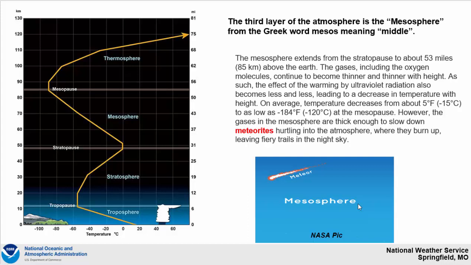On average, the temperature decreases from around 5 degrees Fahrenheit to as low as minus 184 degrees Fahrenheit at the mesopause. However, the gases in the mesosphere are thick enough to slow down meteorites hurtling into the atmosphere, where they burn up, leaving fiery trails in the night sky.